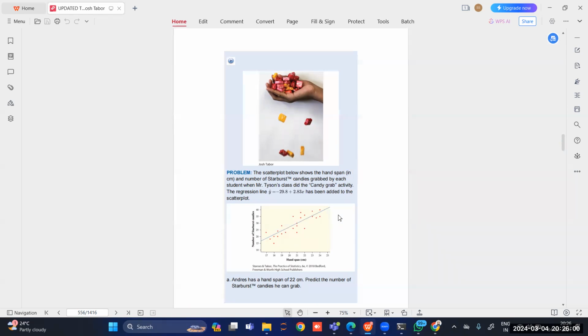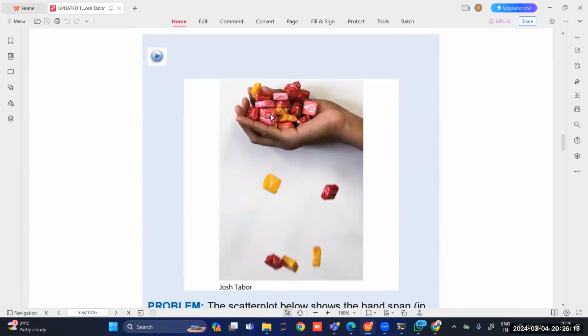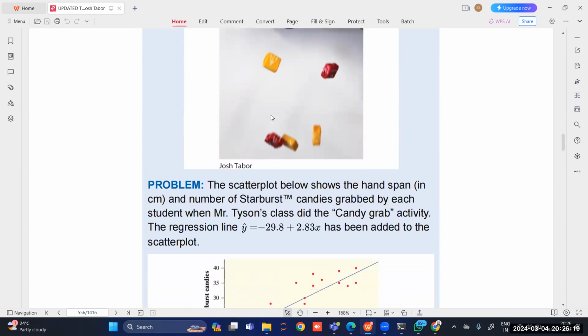Okay, so what he is trying to say is that we have plotted a line for the hand span of candy grab: the longer the hand span, the more candy can be grabbed.